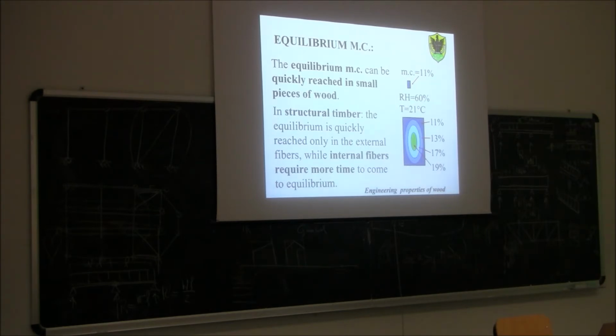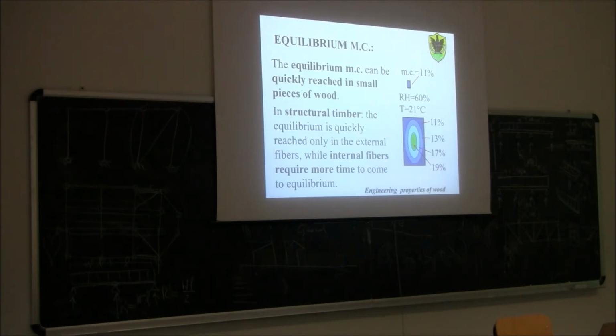Unfortunately, shrinkage not only causes a distortion of the cross-section, but also may lead to some failure, some cracks. Very often when we see cracks in the wood, they are not due to structural failures, but to the internal stresses, the autotensione in Italian, that can arise in a cross-section due to the moisture content variation, due to this kind of movement, this volume variation that takes place in the wood.